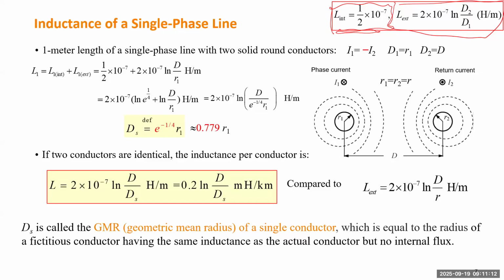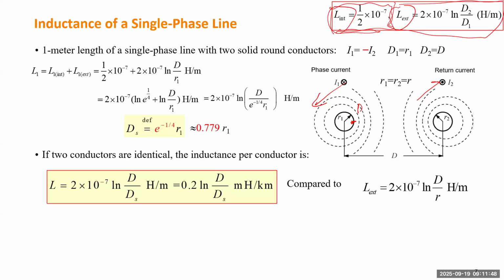Okay, so if we combine the two parts, if we consider just a single transmission line with one conductor sending current coming out from the screen and going back into the screen. For this case, to calculate the inductance for each conductor, we consider the internal inductance, and for the external inductance, we need to define two distances. The first distance starts from the skin of the first conductor, so that's D1.